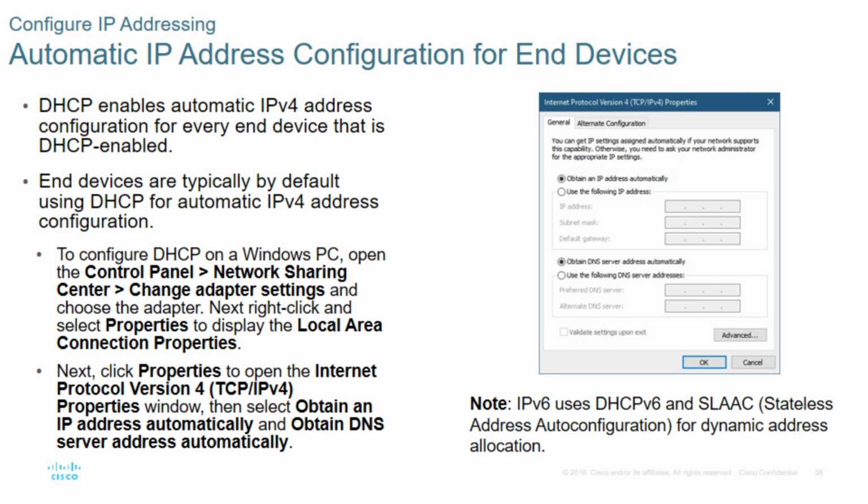In a network, DHCP enables automatic IPv4 address configuration for every end device that is DHCP enabled, right? Imagine the amount of time it would take if every time you connected to the network, you had to manually enter the IPv4 address, the subnet mask, the default gateway, and the DNS server. Multiply that by every user and every device in an organization and you see the problem. Manual configuration also increases the chance of misconfiguration by duplicating another device's IPv4 address.